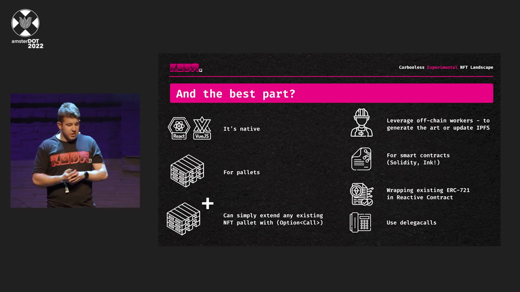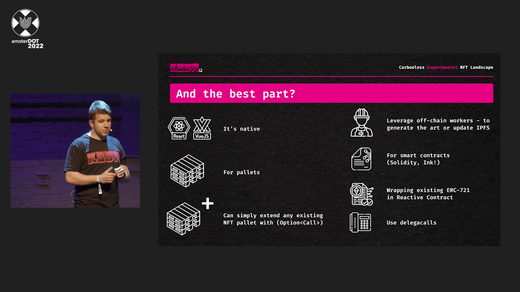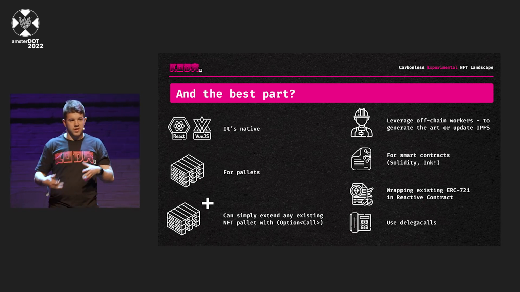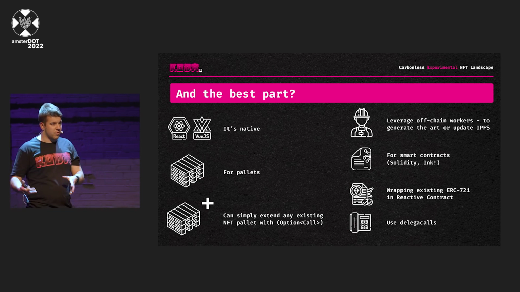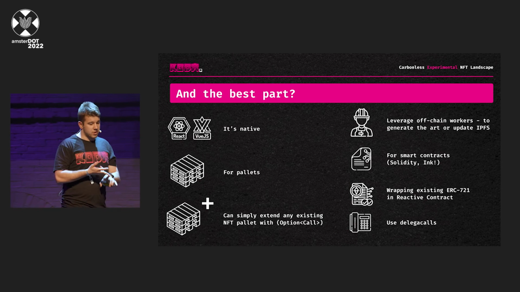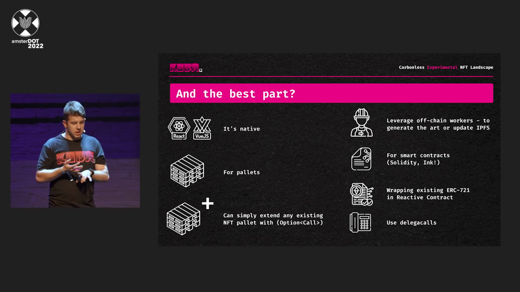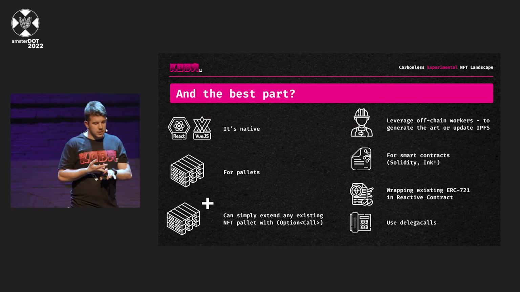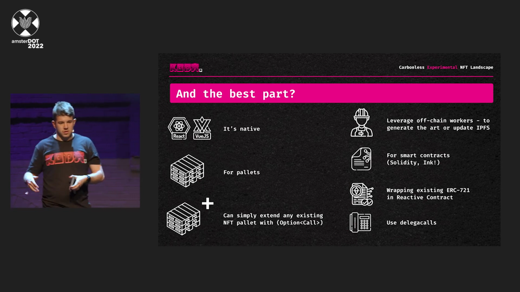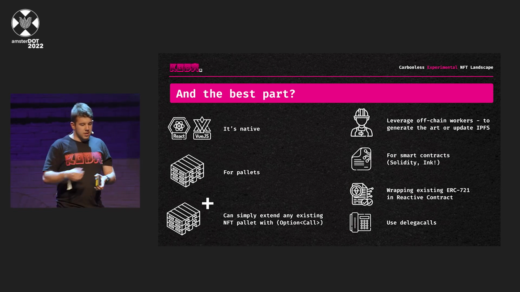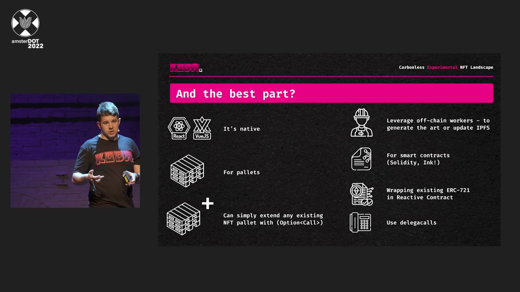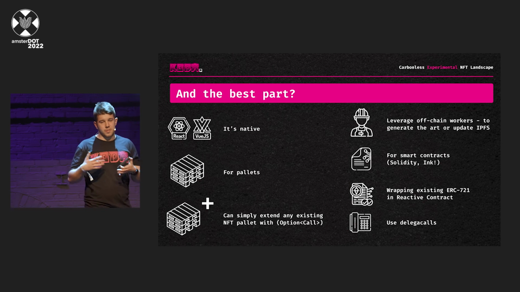And really the best part is that it's native, so we don't need to come up with rocket science or another language for this. We can use the Substrate pallets natively, and smart contracts for Solidity and ink. For the pallets, we can simply extend the existing NFT pallets with the optional call. And then we can leverage off-chain workers, for example, to generate art or to update the IPFS.